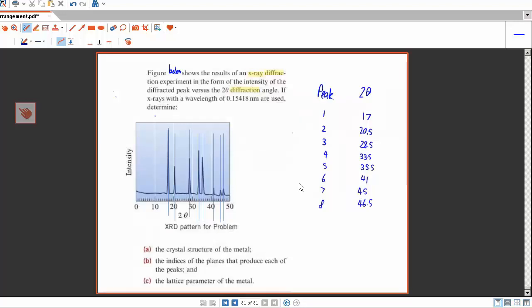But the equation that we're going to use is H squared plus K squared plus L squared is equal to 4a0 squared over lambda squared times sine squared theta. When I presented this equation earlier on, I may have moved this constant to the other side. But now we know, for instance, for the first peak, what H, K, and L are. We know lambda, it's given, and we know theta. We can calculate a0.